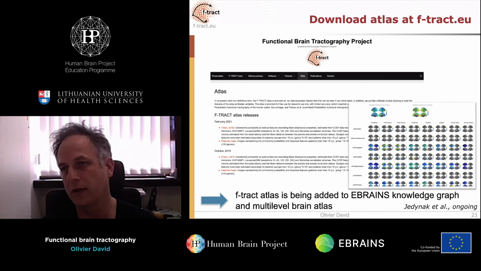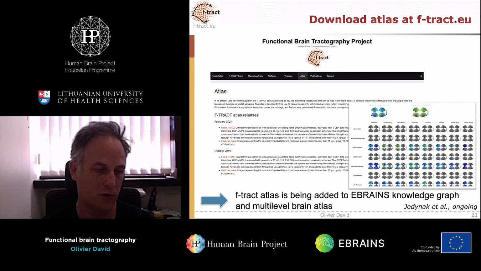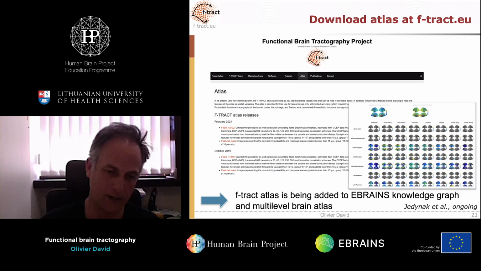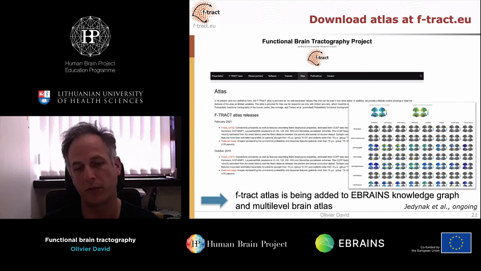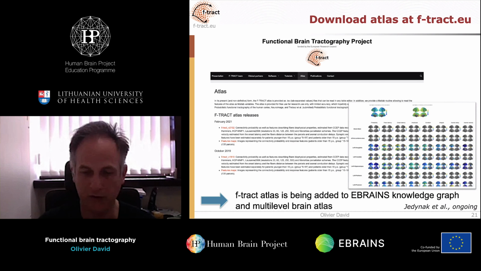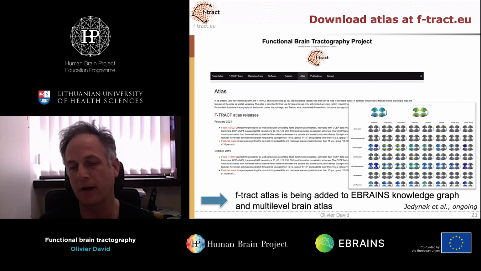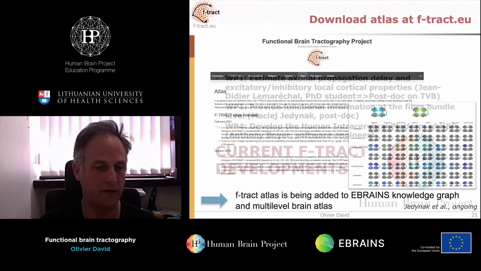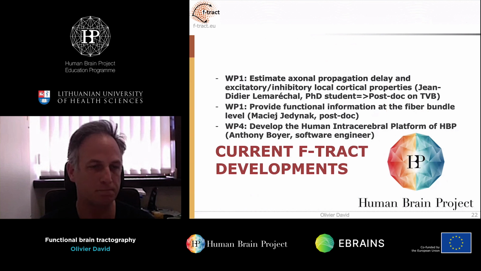And what we are doing in HBP nowadays is to add this neurophysiological information to the brain's knowledge graph and to the multi-level brain atlas with the team of Timo Dickscheid. So it is work ongoing, which means that in the multi-resolution HBP atlas, this information is not there today, but it will be there in a few months.